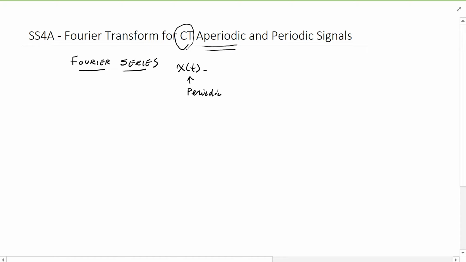Okay, and the equations, if you recall, were the summation of k going from minus infinity to infinity, a of k e to the j k omega 0 t, where omega 0 relates to the period of the signal.